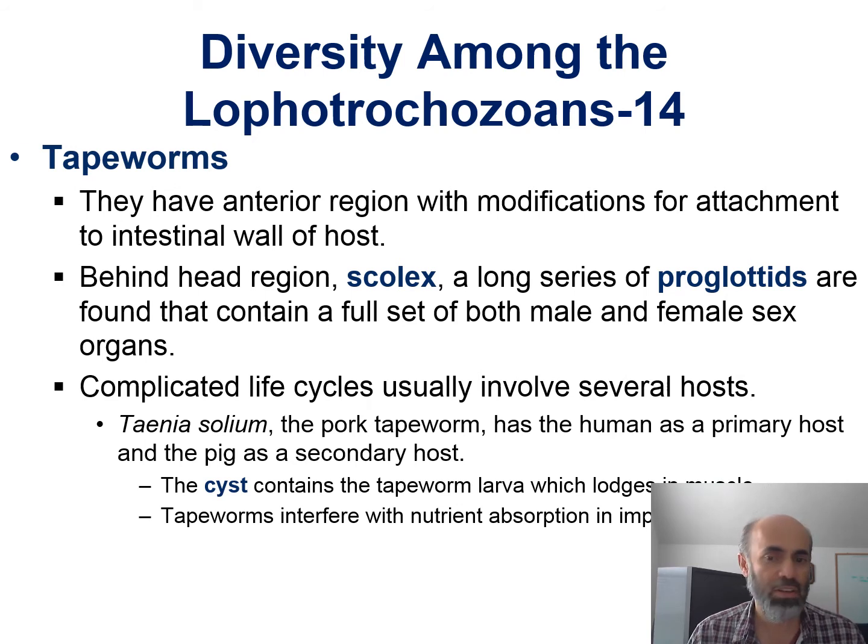So those are basically just machines that produce more eggs, and they fertilize, and then the new organisms come from them. Taenia, or the pork tapeworm, uses humans as their primary host and the pig as a secondary host. So people who eat meat which is not properly cooked can get infected.